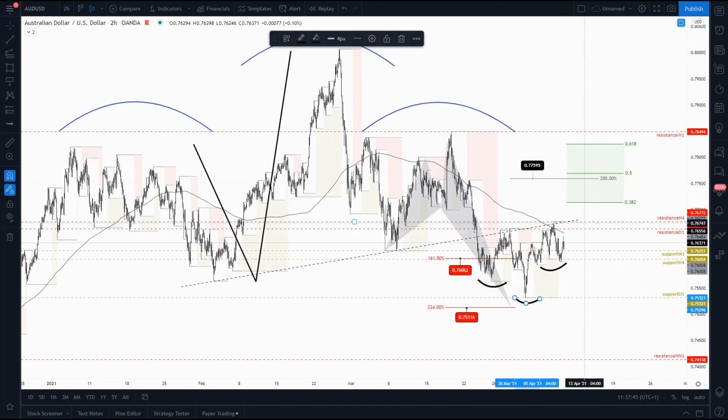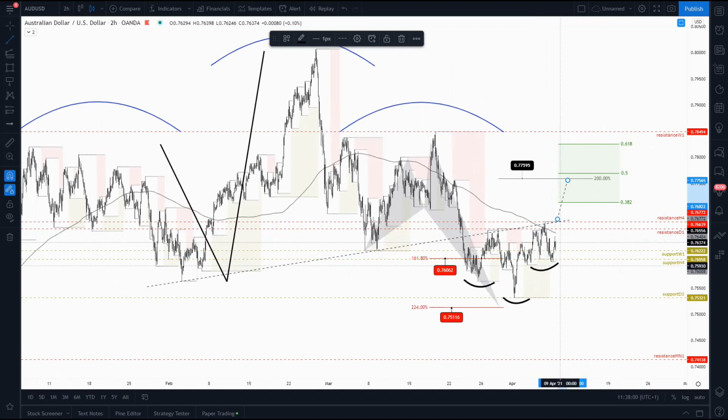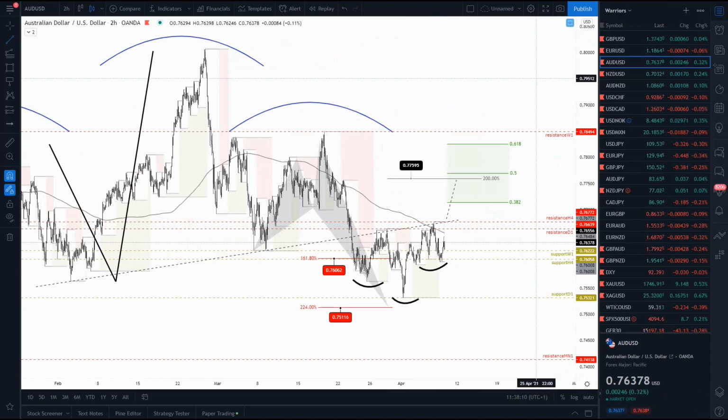But one thing is certain: if the market decides to trigger the inverted heads and shoulders, we may see the price being pushed into those levels, 77.59, as I shared yesterday. For now, we're still trading inside this range between fractals, nothing happening at this point for the Australian dollar.